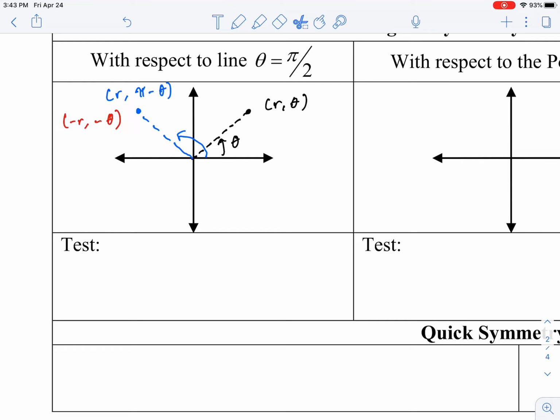We can also describe that point using negative theta. Then take this point here, which would now be (r, negative theta), and by making r negative, we would flip it over the pole and arrive at the same spot. So that's another way that we would show symmetry with respect to the line theta equals pi over 2.